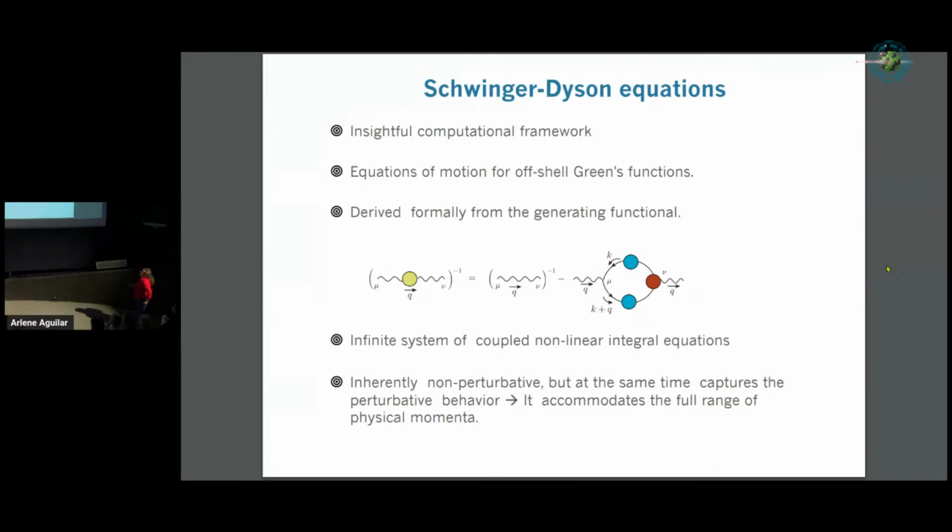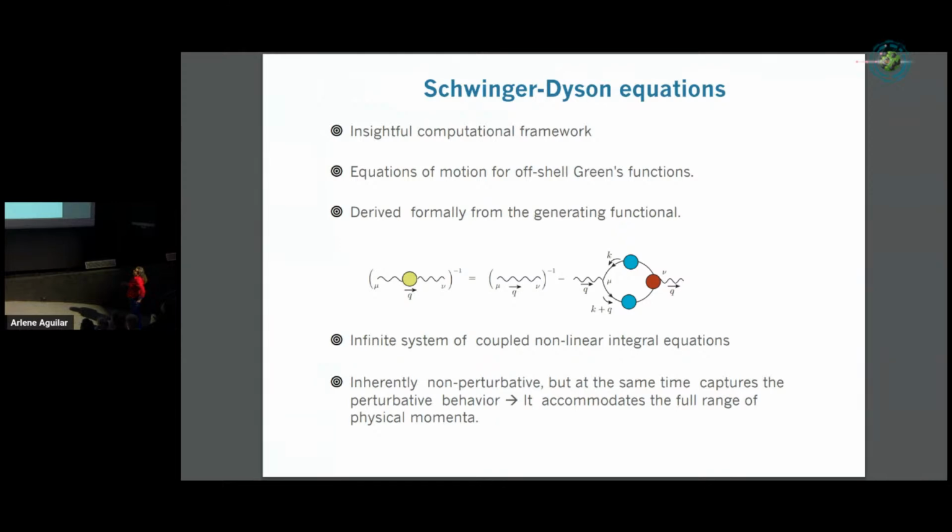The other method, which you have already heard about in this meeting, is the Schwinger-Dyson equations. These are basically the Euler-Lagrange equations of a field theory.